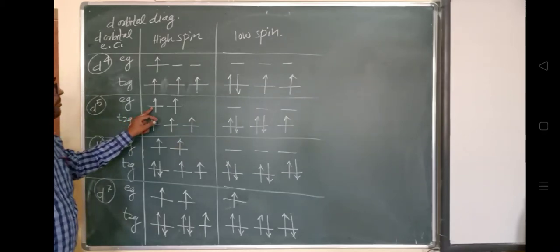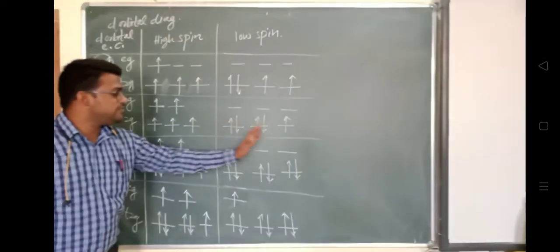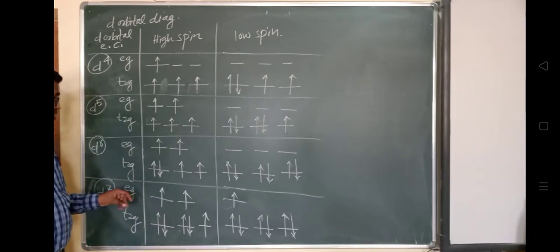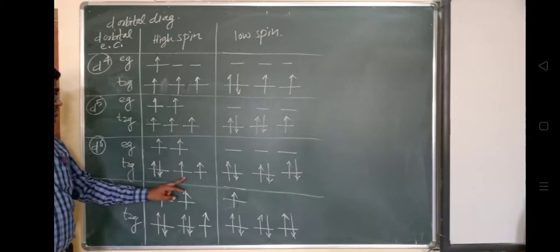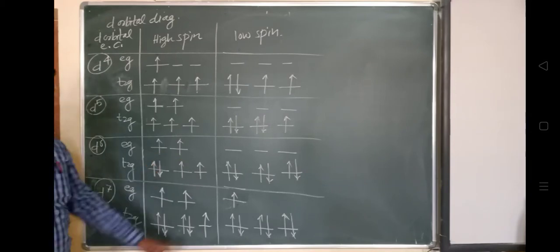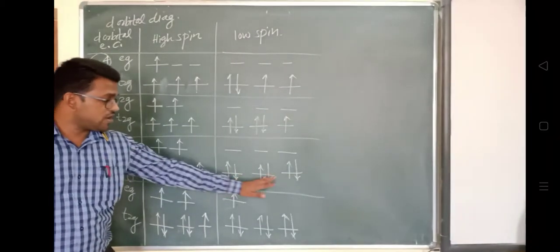But in case of low spin, all will be occupied in t2g, the lower energy level. Then next d6 has 6 electrons: 1, 2, 3, 4, and 5, 6, like this is the arrangement. And in case of low spin, all will be occupied in a lower energy level.